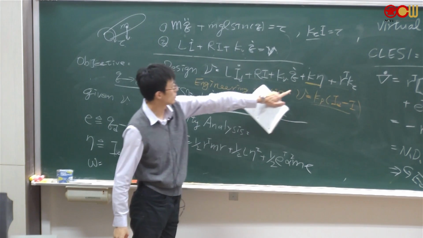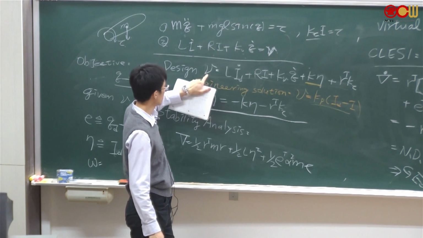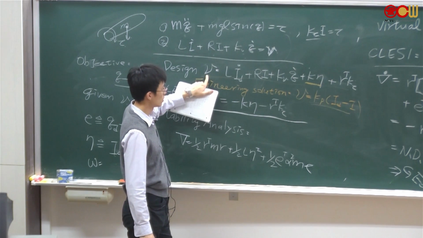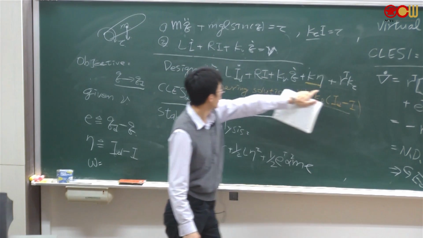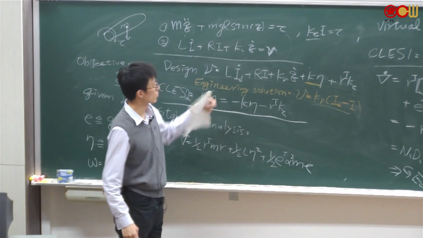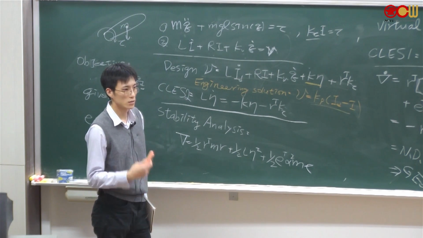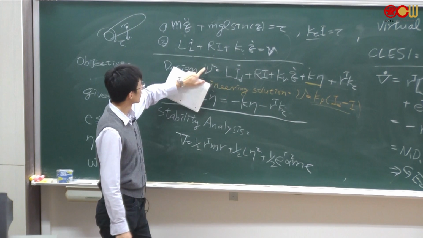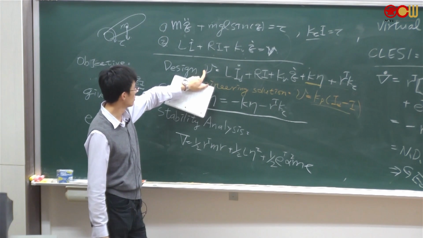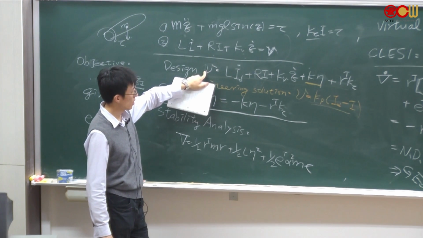And this term is considered as a feedback term for the virtual control. And all these terms, this is cross term, and this is nonlinear terms, or you can consider feed-forward terms. So basically, you can obtain a better performance using these backsteppings.